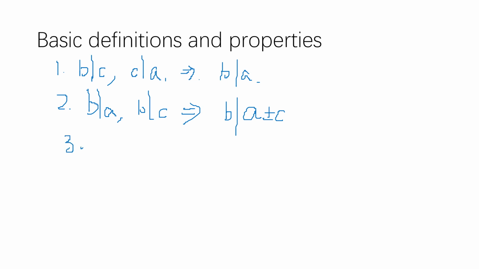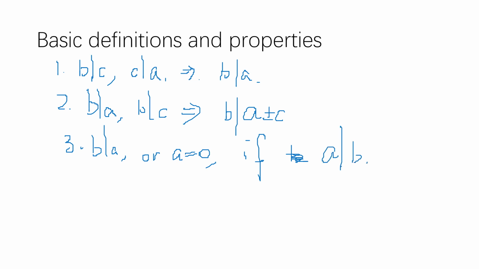For the third one, if A is divisible by B, and also B is divisible by A, that means A equals B. It's easy to comprehend, isn't it?